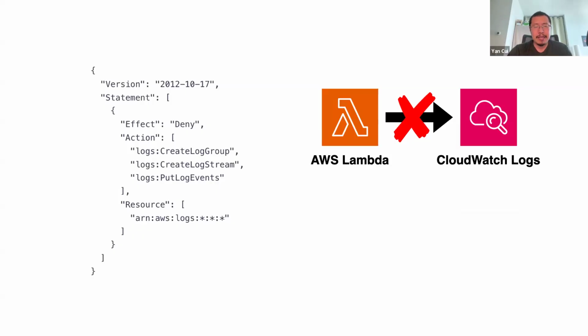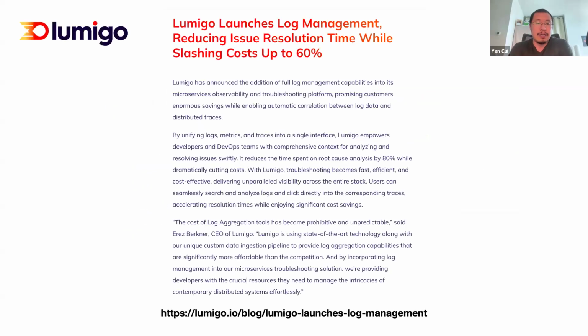And if you're looking for something that can allow you to ingest and query all of your logs, but also allows you to treat all of your logs as structured data, so that way you can then create metrics and alerts against that, then Lumigo also does that. They offer a logs ingestion platform that allows you to ingest all the logs from your AWS environment.